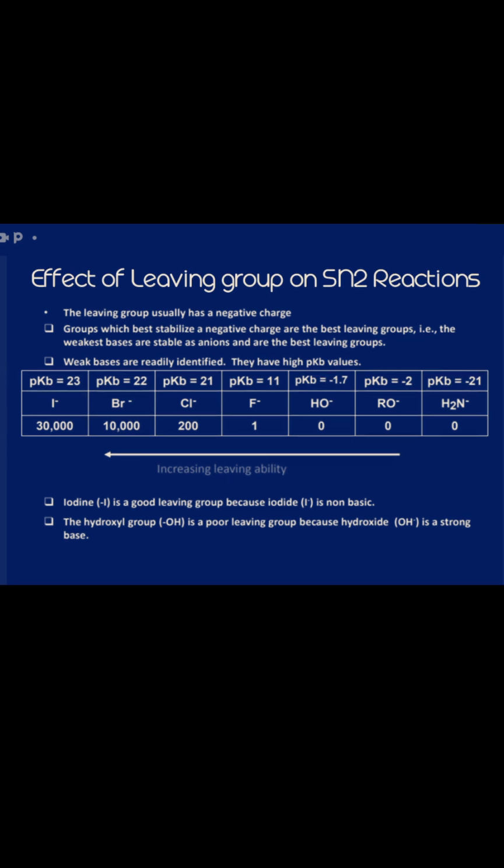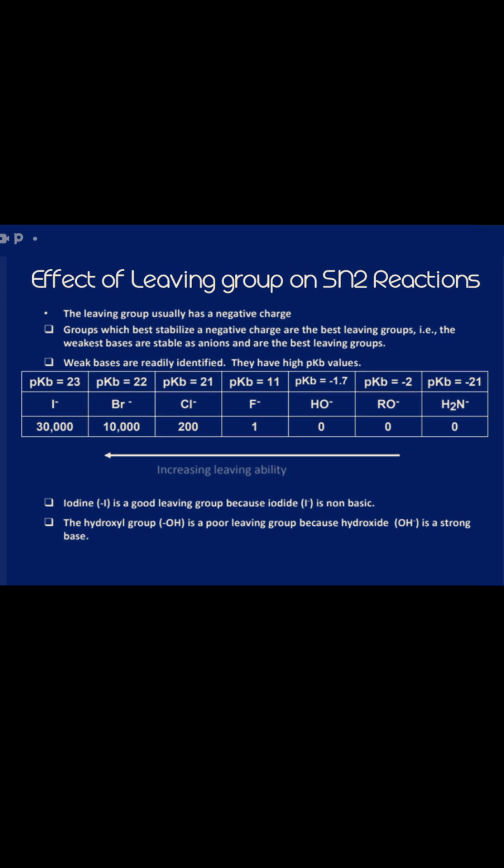Now read the second point, that groups which best stabilize a negative charge are the best leaving groups.